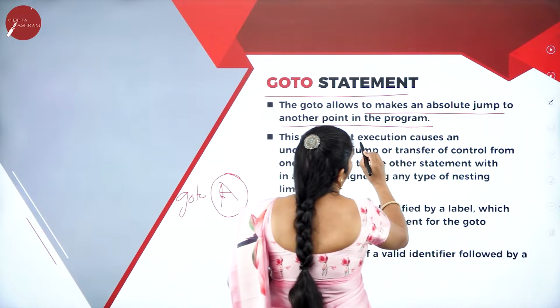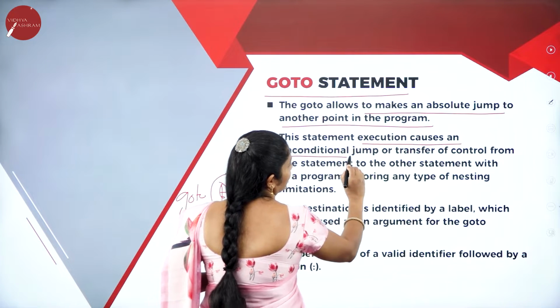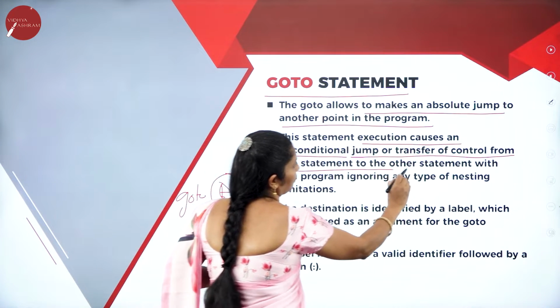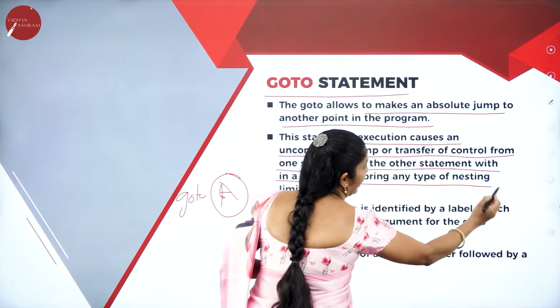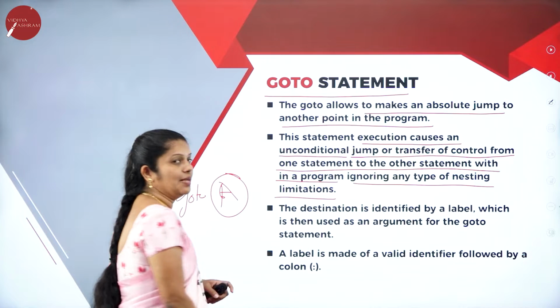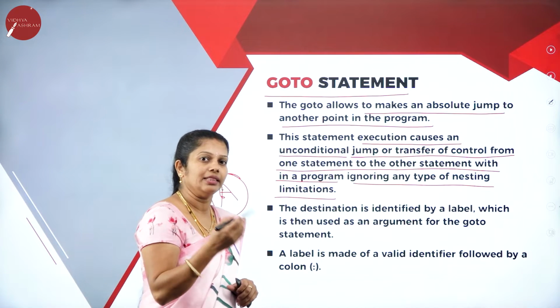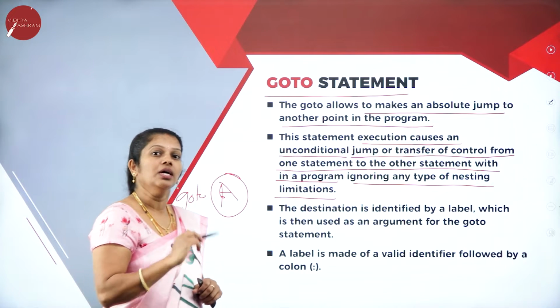This statement's execution causes an unconditional jump or transfer of control from one statement to another within a program, ignoring any nesting limitations. Without any limitation or conditions, it directly jumps from one part of the program to another part.